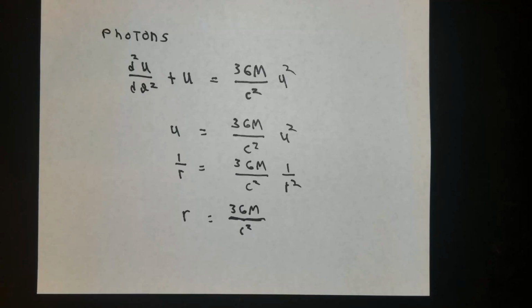One, in the weak approximation, is very nearly the same expression as Newton's result. The other is very similar to the photon result. So even a light ray can be bent into a circular path by the gravitational field of a point mass. There's more to it than this, but we will talk about that later.